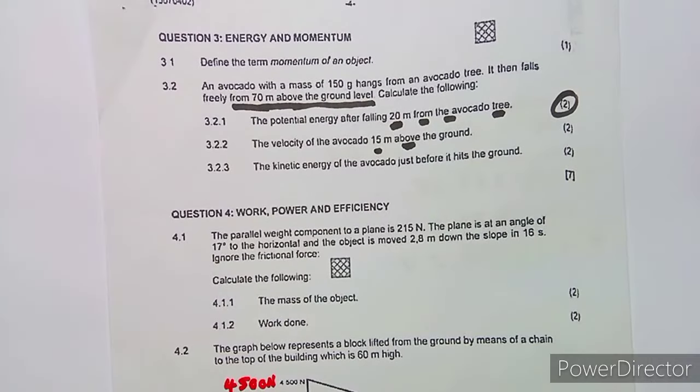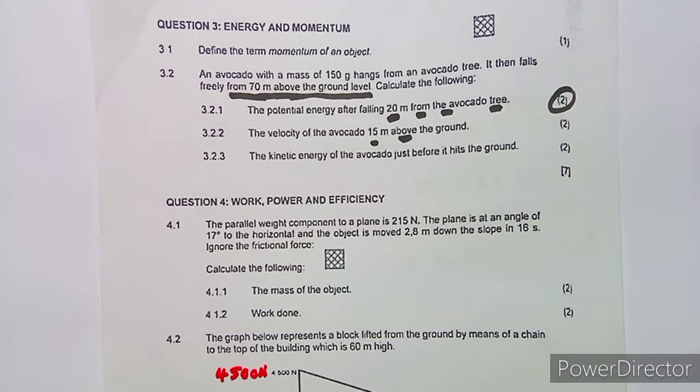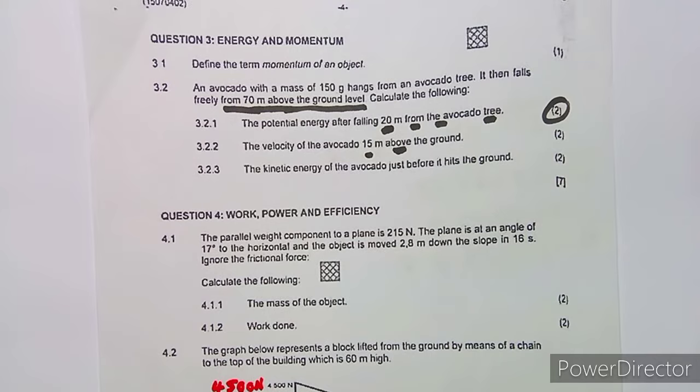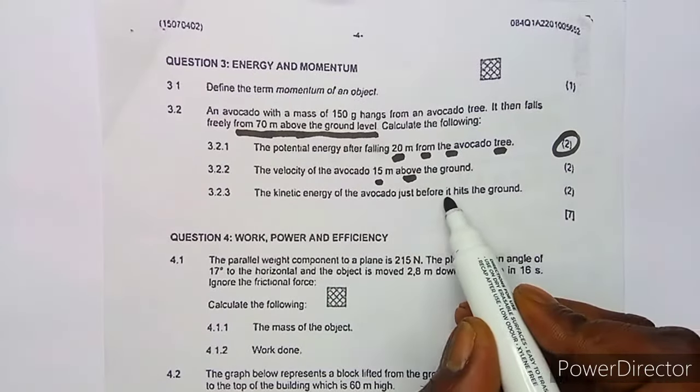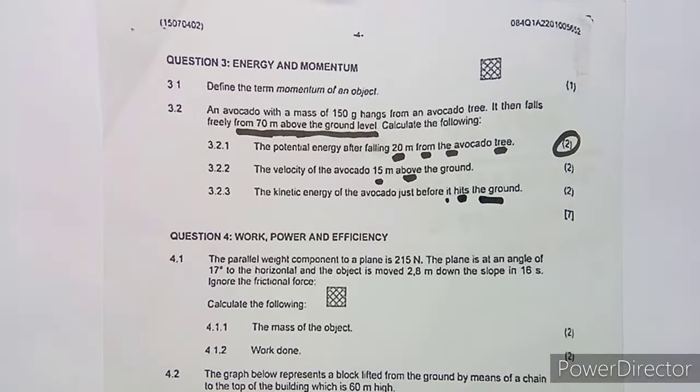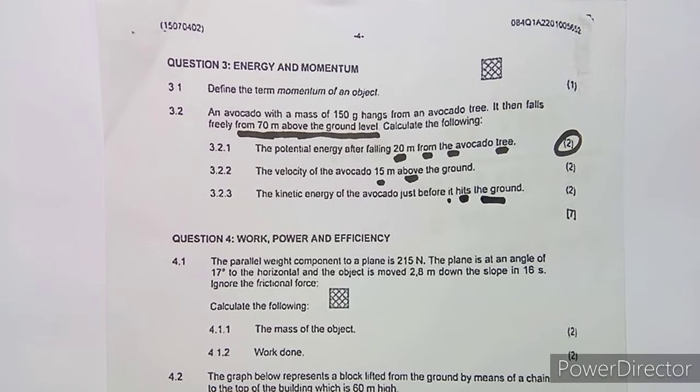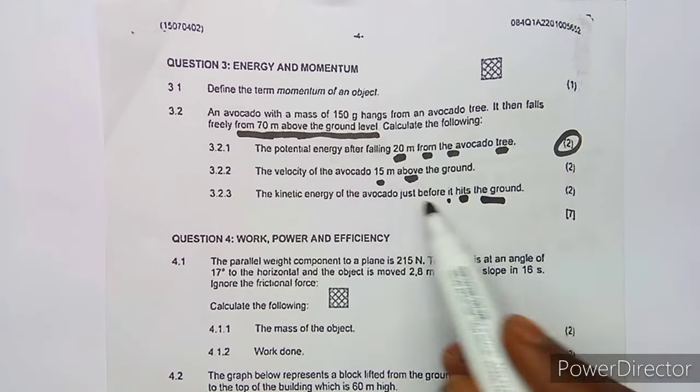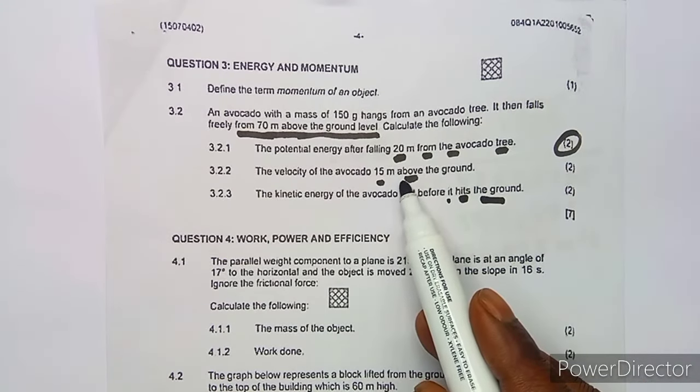Okay, then we need to calculate the kinetic energy there. The kinetic energy of the avocado, take note, this is before it hits the ground. Actually here, guys, on this one we could have done a lot of working to find this.